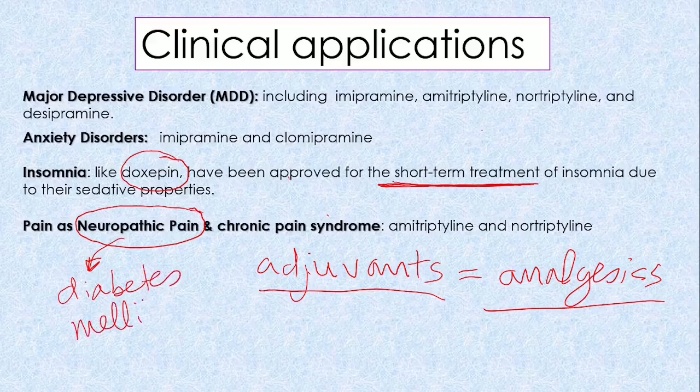Some people, after long exposure to diabetes, will suffer from pain in the periphery due to neuropathy. Also, in other types of neuropathic pains, like trigeminal neuralgia or spinal cord injury.